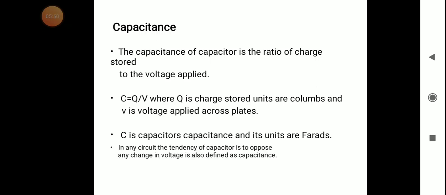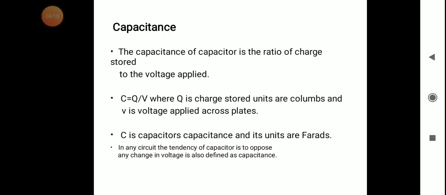In any circuit, the tendency of a capacitor to oppose any change in voltage is also defined as capacitance. In general, each circuit may have resistance, and it may also have the capacitance property.